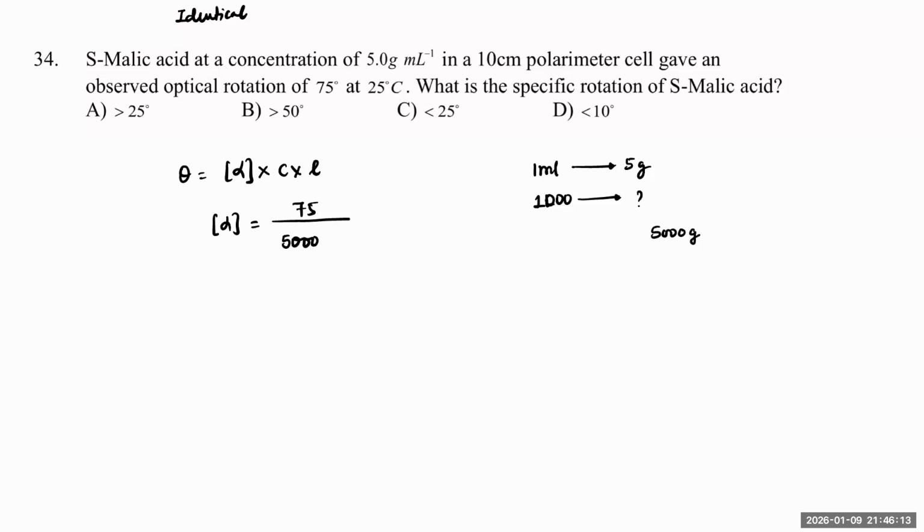So you need to divide by 5000 into length, which should be in decimeter, so it is 1 dm. This is what you need to write. Clear? So this will become the concentration, and this will become the decimeter part of it. So what is the alpha value here? If I cancel this off, it will go to 25. So 25 into 10 raised to the power of minus 3. This is what we should get.